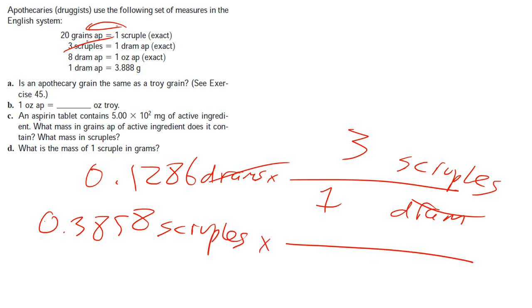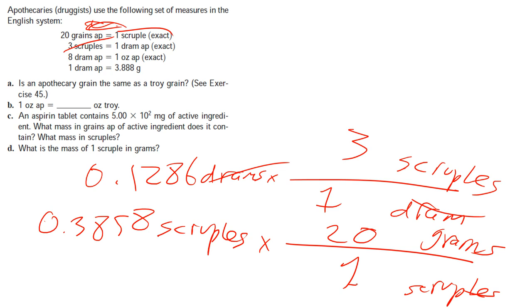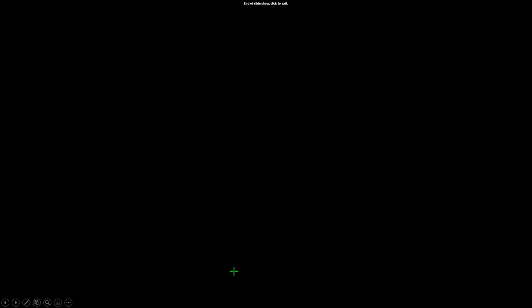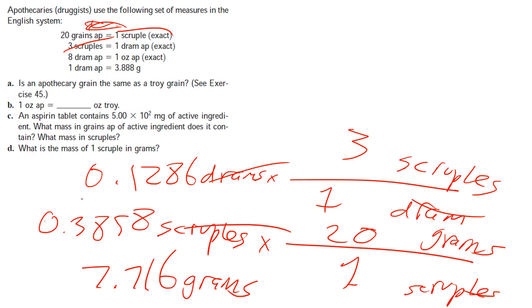And you want to get rid of scruples to finally get grains. There are 20 grains AP in 1 scruple. Multiply that by 20, and we get 7.716 grains.